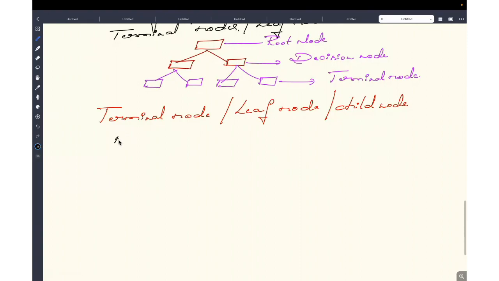It's like a child node, or I would say the end of the decision tree where no further split happens.